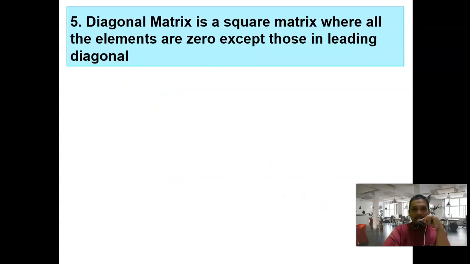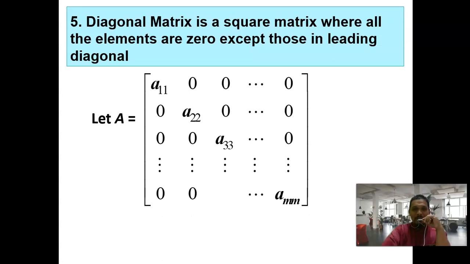A diagonal matrix is a square matrix where all elements are zero except those in the leading diagonal. Look at this one here, all the zeros here, except those in the leading diagonal.